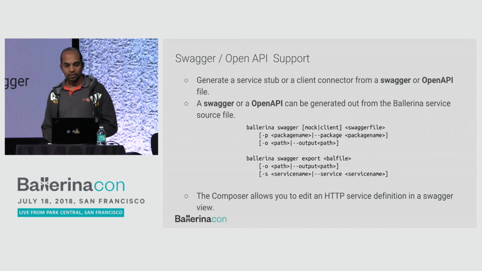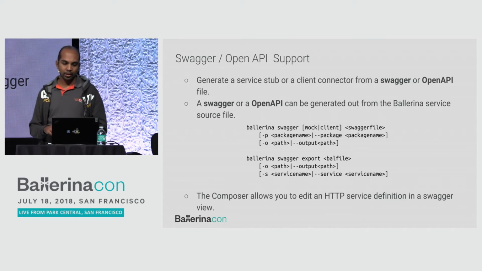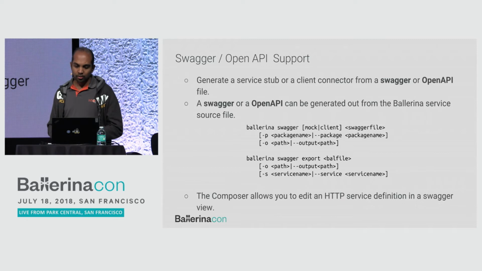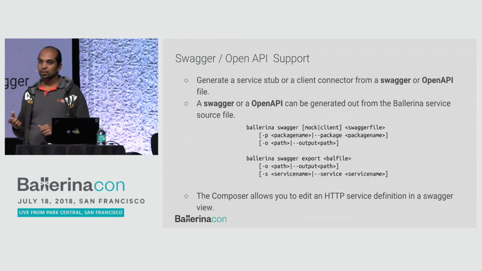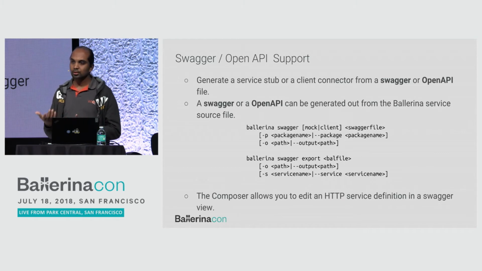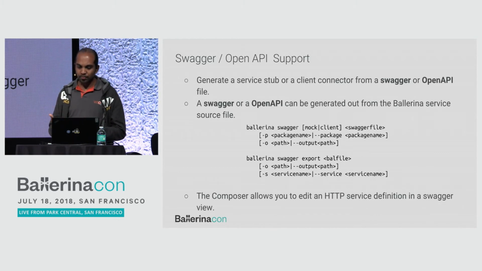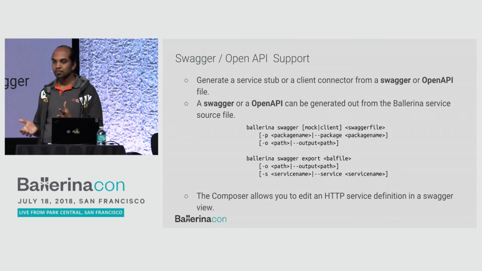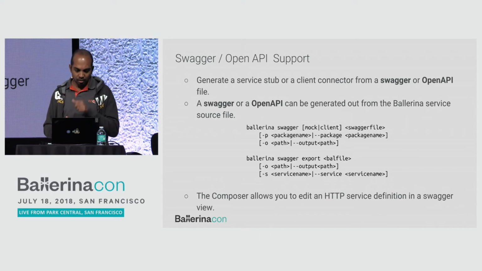Next, one of the interesting features that we have is Swagger and OpenAPI support. The Swagger command can be used to generate a service stub. If you use mock, it will generate the service stub, and you can start implementing the service from there.